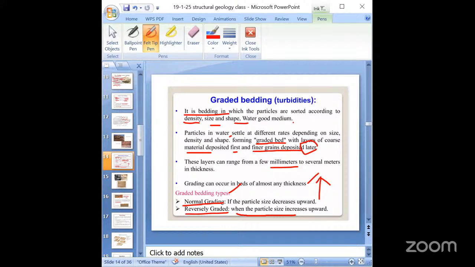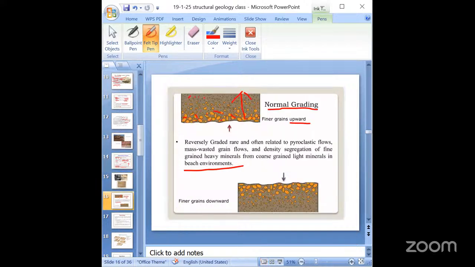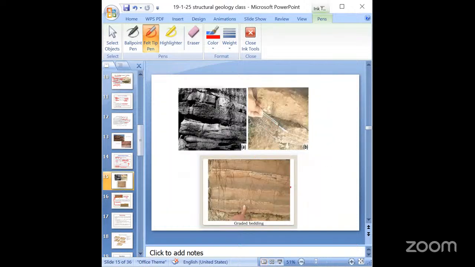So that is decreased and this is increased. It is the opposite of this one. So this is called normal grading and reverse grading. You see some real pictures.